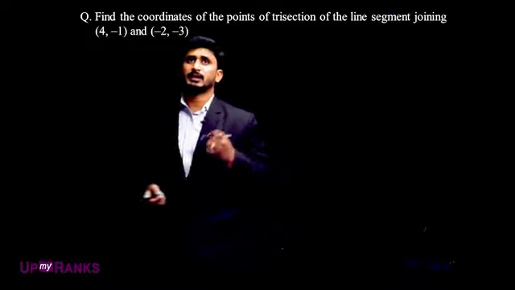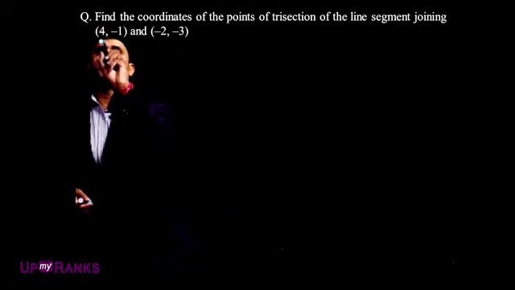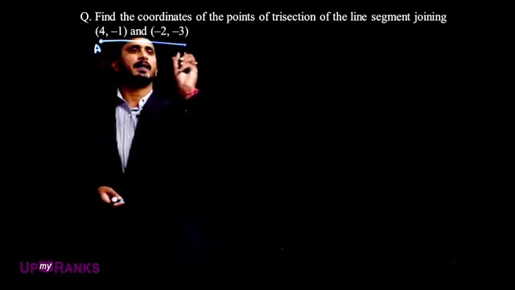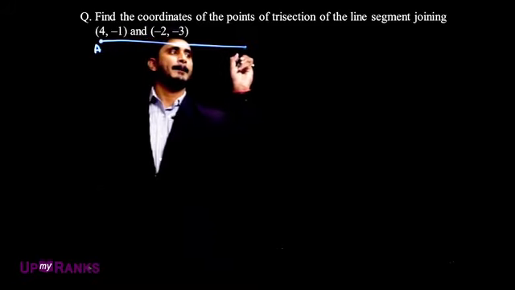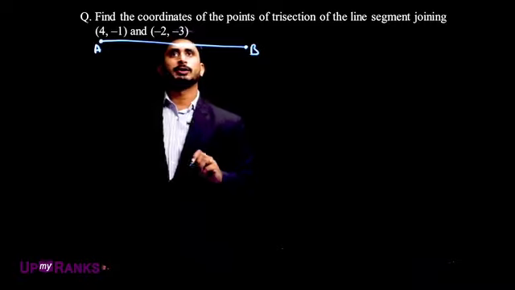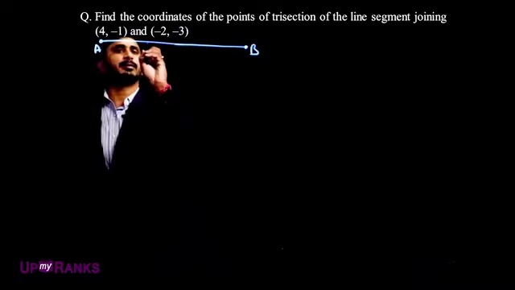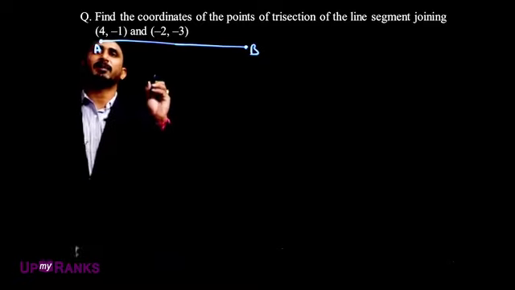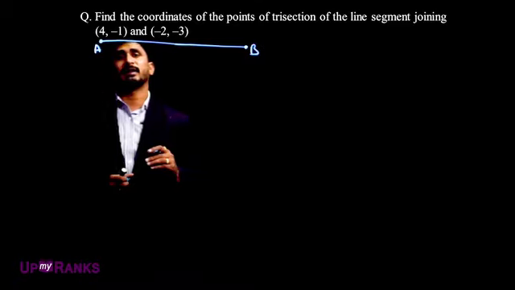To understand this, let us draw a line. We have a point, let us assume A, and another point B, so this is a line AB. In this line AB, there is a trisection. Trisection means a line is divided by 3 points into 3 parts.